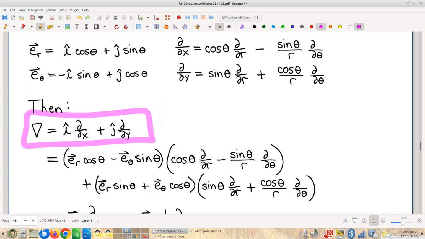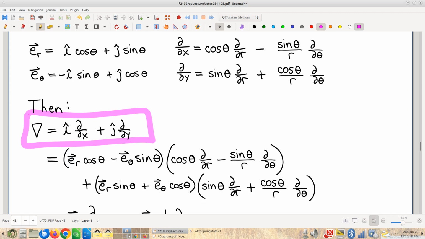Okay, so with all of this established, let's take our del operator. Another flashback: think of the del operator as a sort of vector, a vector of operators. It's d by dx in the first position, d by dy in the second position. Here I'm writing that with standard basis vectors, which is going to be very helpful in just a moment. This is really just d by dx, comma d by dy.